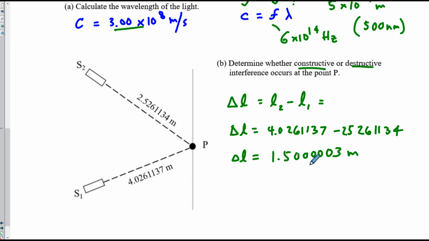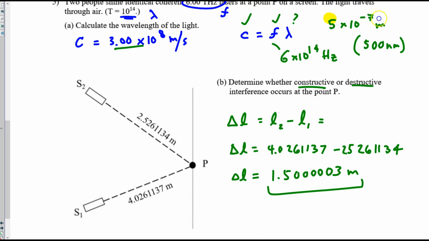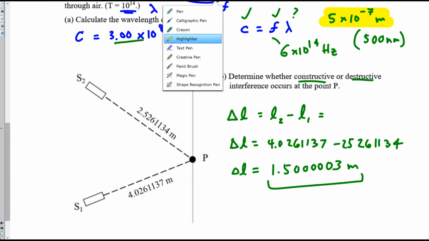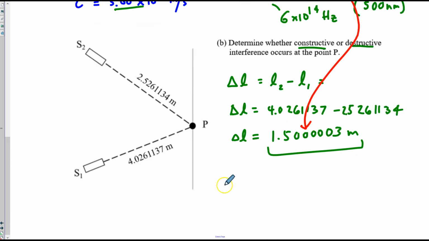Here's the question. How many wavelengths is this? Is it 2 wavelengths? No, that's not enough. 5 wavelengths? 5 million wavelengths? Remember what the wavelength is from above. It's this value. We need to know how many times does that wavelength go into this path difference. Is it 20? 20 and a half? In other words, we're testing to see, is the path difference equal to an integer times lambda?